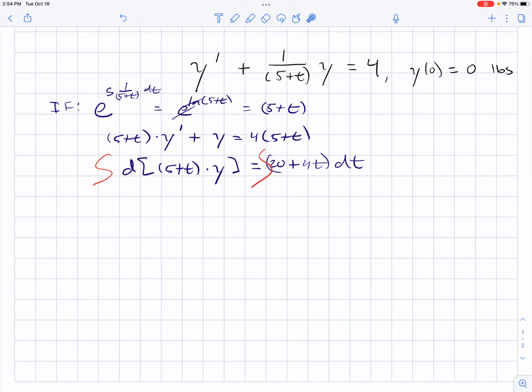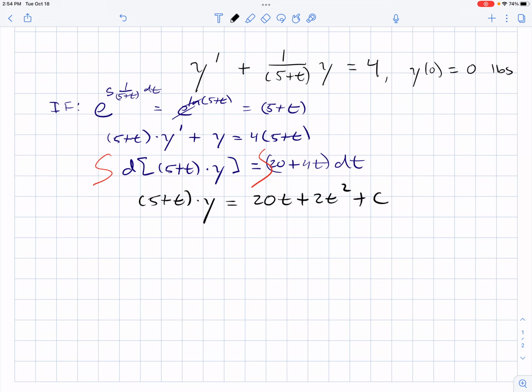So we know we did the integrating factor correctly, and we can integrate, and the integral of a derivative just essentially cancels itself out, so we are left with 5 plus t times y being equal to 20t plus 2t squared plus a constant, right?